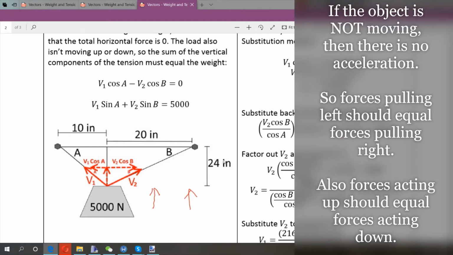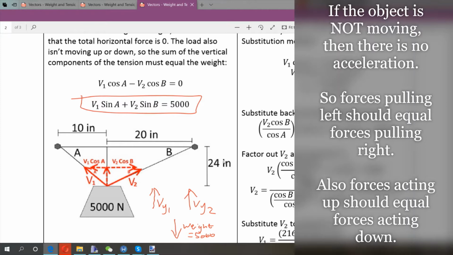So this is the vertical component of our first vector and the vertical component of our second vector, and I've got 1 component that's pulling down, which is the weight, or 5,000 newtons. So that gives us our first equation here.